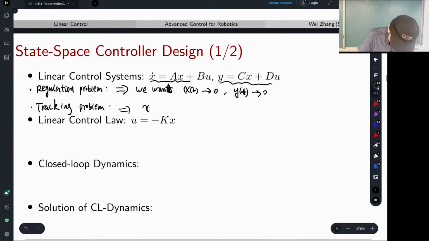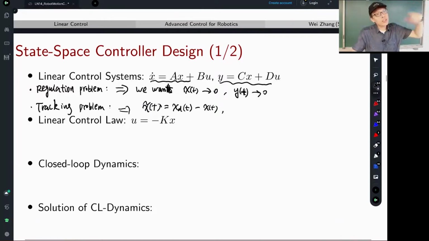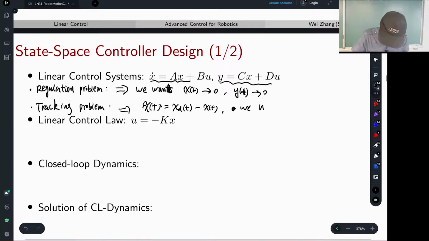So roughly speaking, we can define x tilde(t) as x desired(t) minus x(t), your deviation from your desired state trajectory, and we want x tilde(t) to converge to 0.